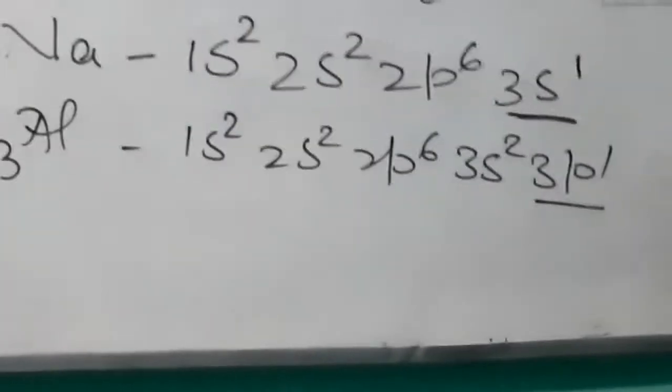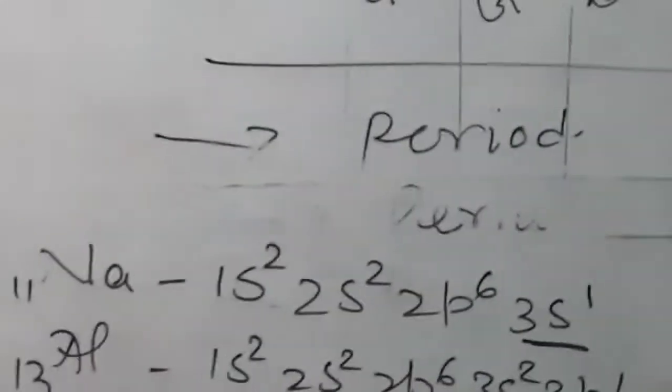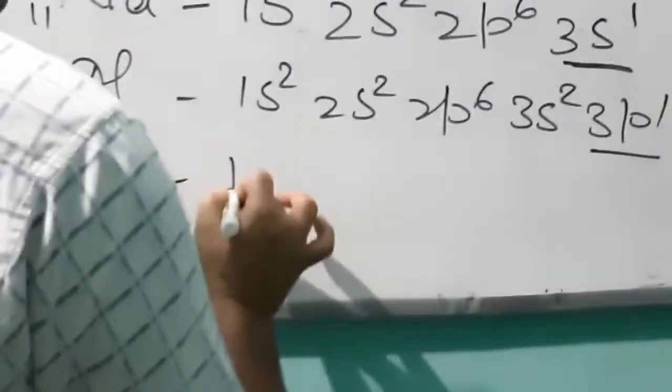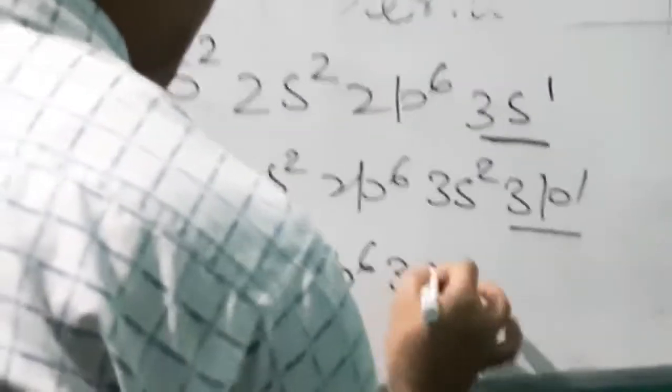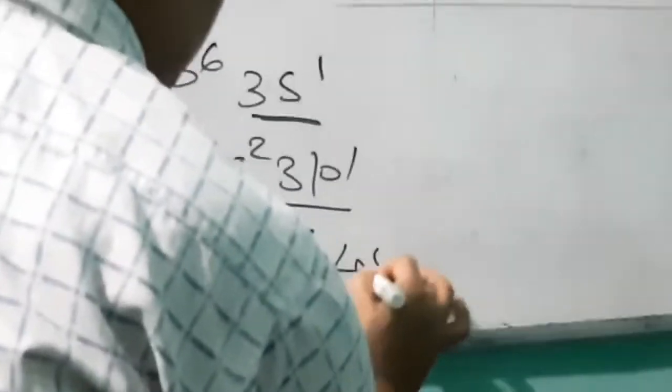Similarly, scandium, atomic number 21: 1s2 2s2 2p6 3s2 3p6 4s2 3d1.